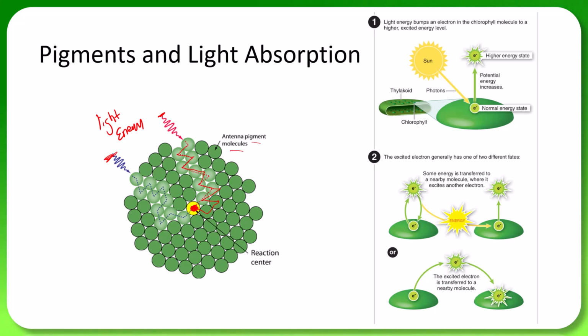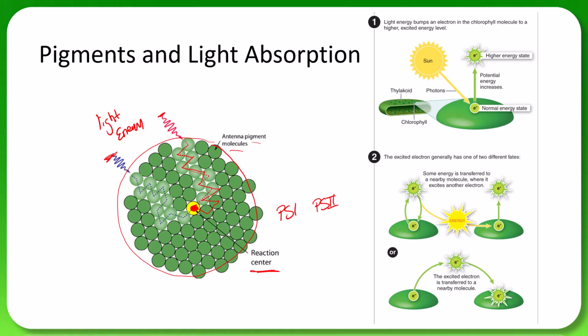The specific point in this entire array of pigment molecules is called a reaction center. When we get into our light-dependent reactions, we will learn that photosystem 1 and photosystem 2 are two bundles of pigment proteins, much like this, and each one of these photosystems has its own reaction center.